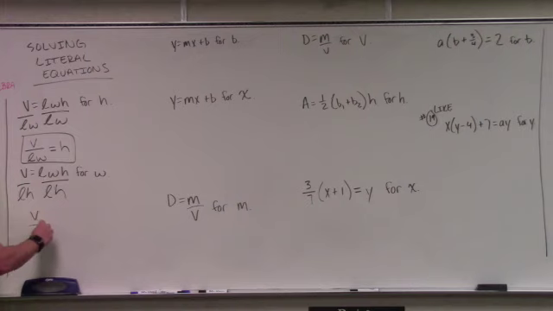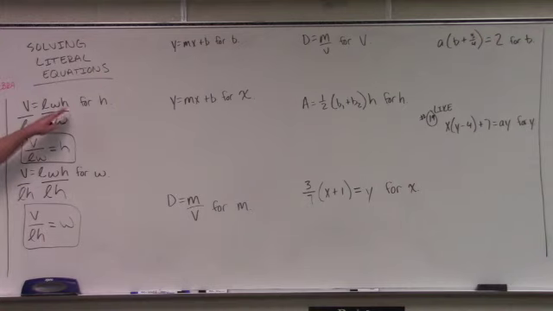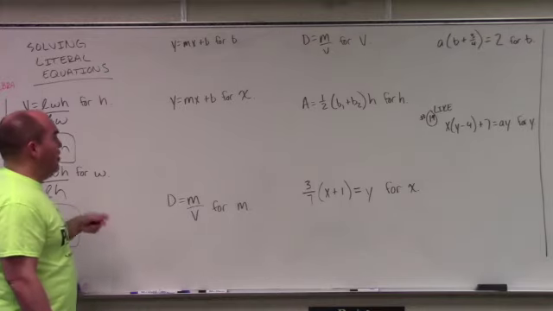So I get volume over length times height equals the width. All that was being done to the h was multiplication, and all that's being done to the w is multiplication. So I can just divide out the things that I don't need.